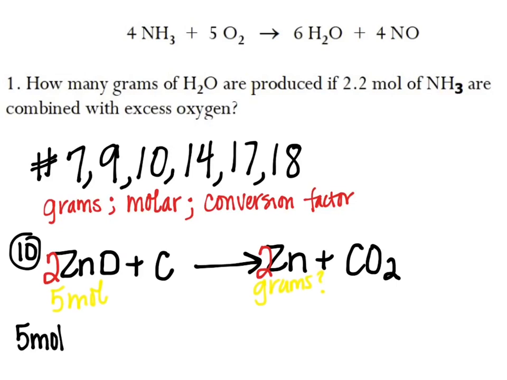Write what we know. And then I heard y'all say unknown over known. So the ratio of our unknown, so 2 moles of zinc for every 2 moles of zinc oxide.